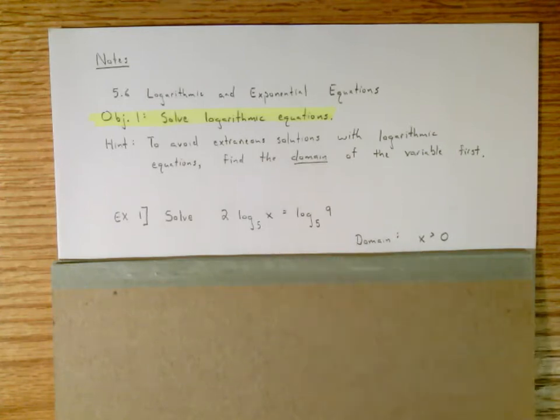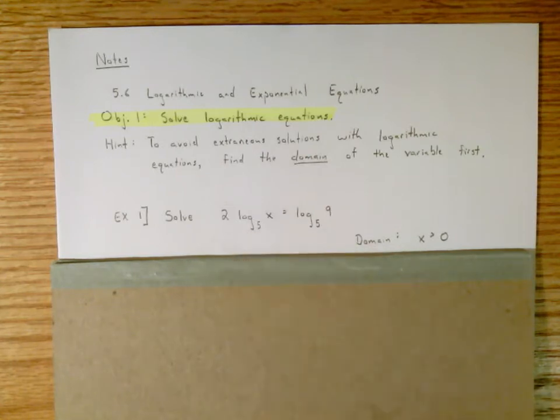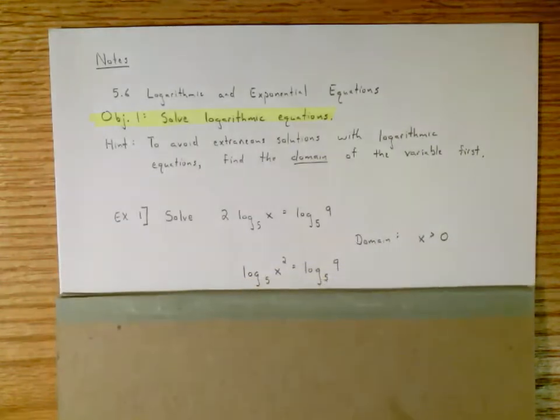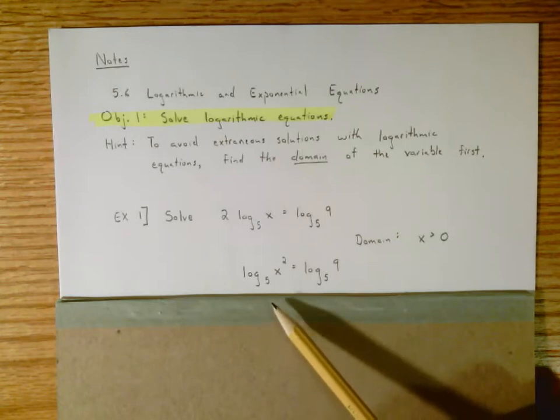Looking at my equation, I see 2 equal logarithms, but the left-hand logarithm is multiplied by 2. So using one of our properties of logarithms, if you watched the previous video, it's the property I said to highlight and circle and put stickers on. It's the most important property we're using right now.